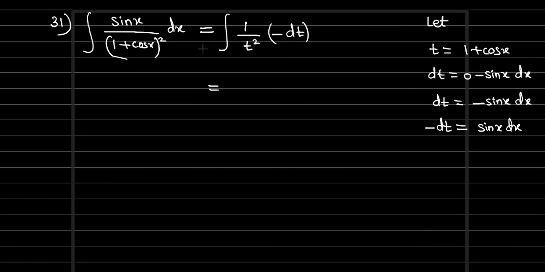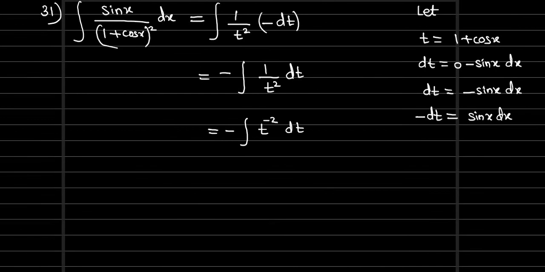Minus sign, we'll take outside: minus integral 1 by t square dt. Now when we take t square to the numerator, what happens? You will have a negative sign in the power. t power minus 2 dt. Now using the x power n formula, we need to proceed with the integration. So what is that x power n formula?